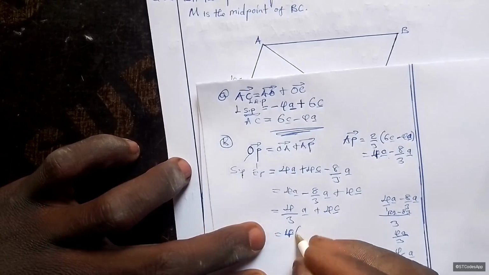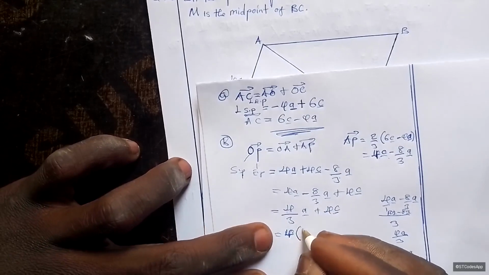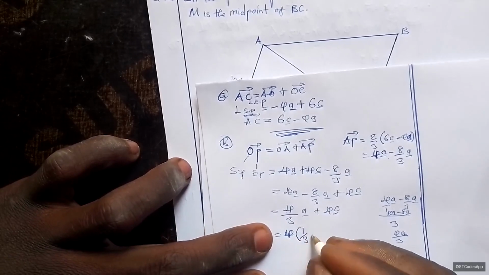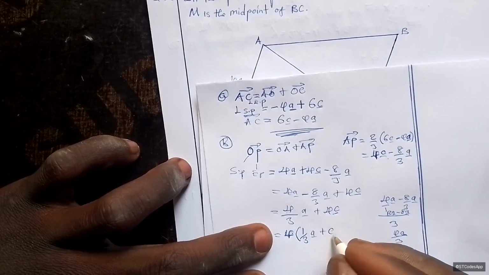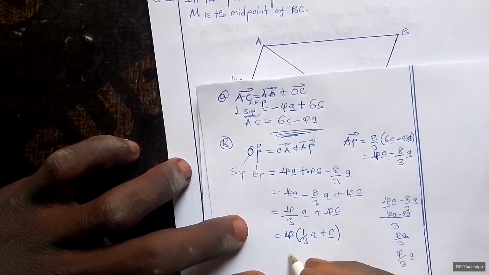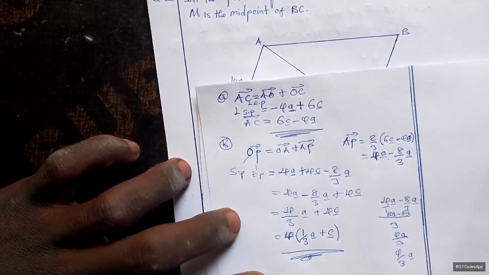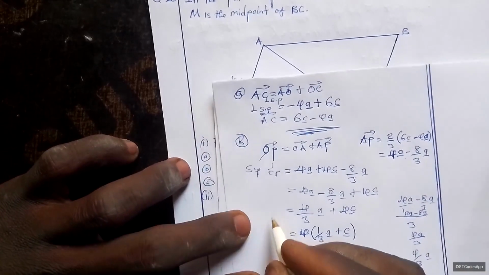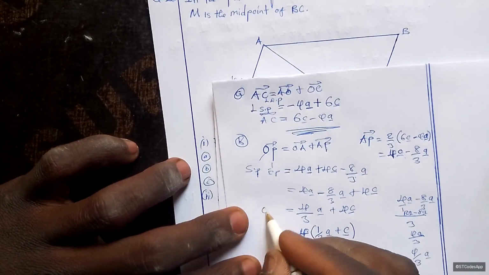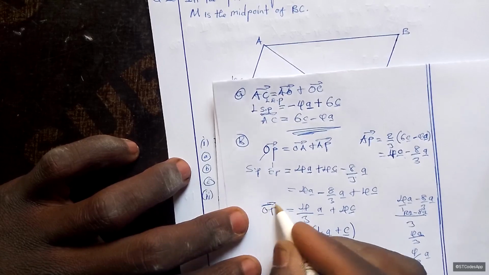Then I'm going to open bracket: 1 over 3 a vector plus c vector. So this one, we are done. Remember this one here, it is our OP vector.